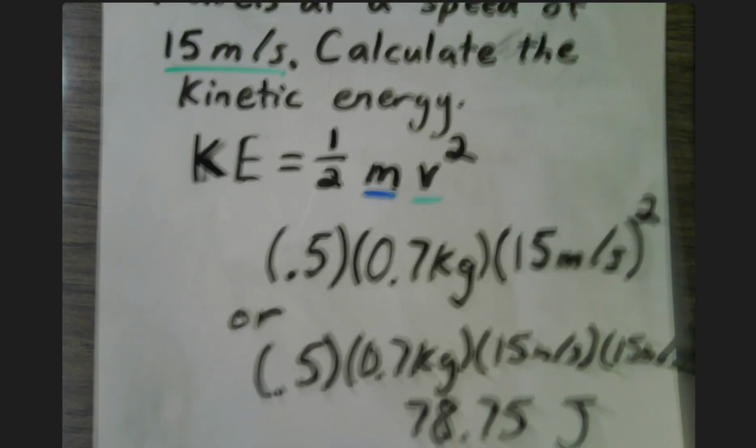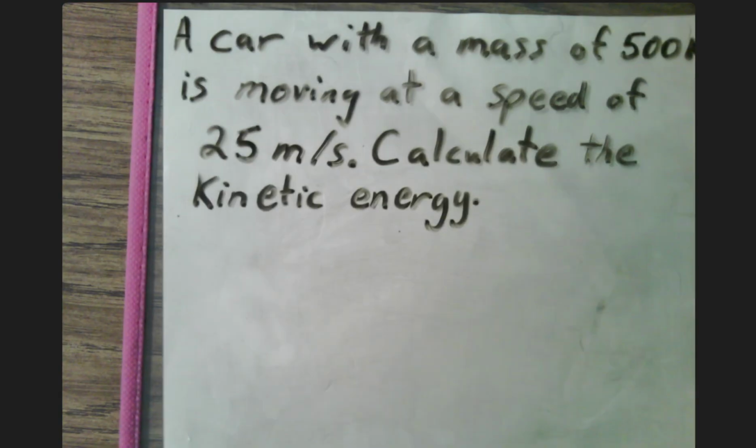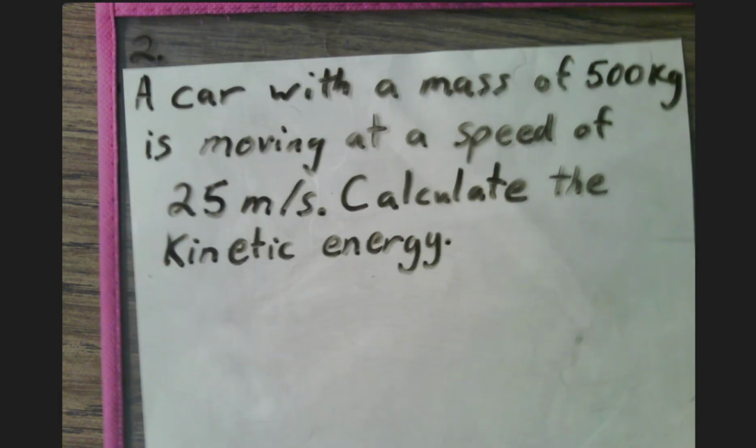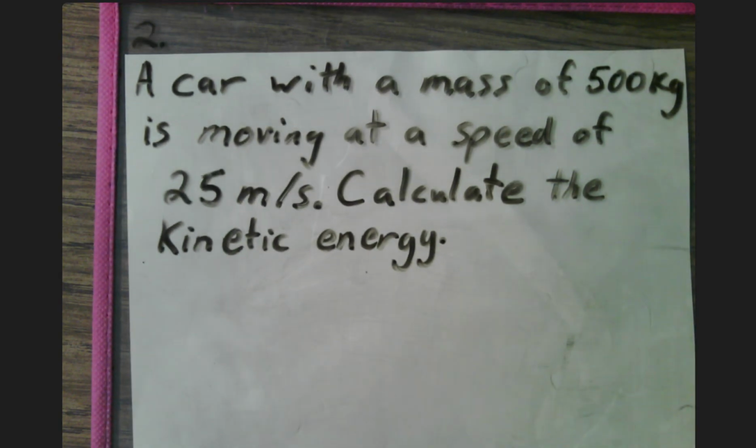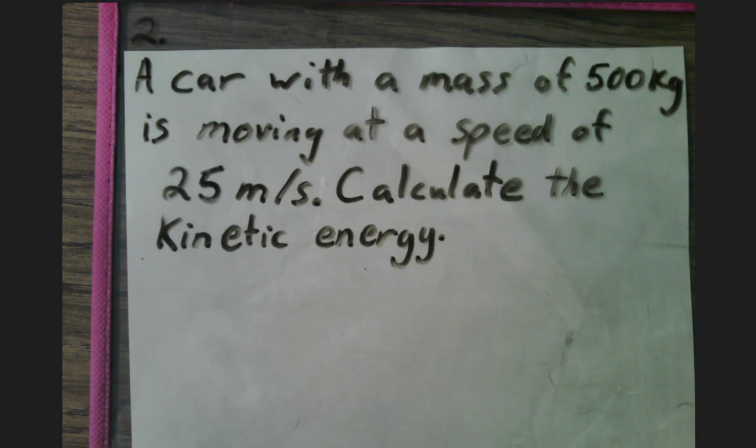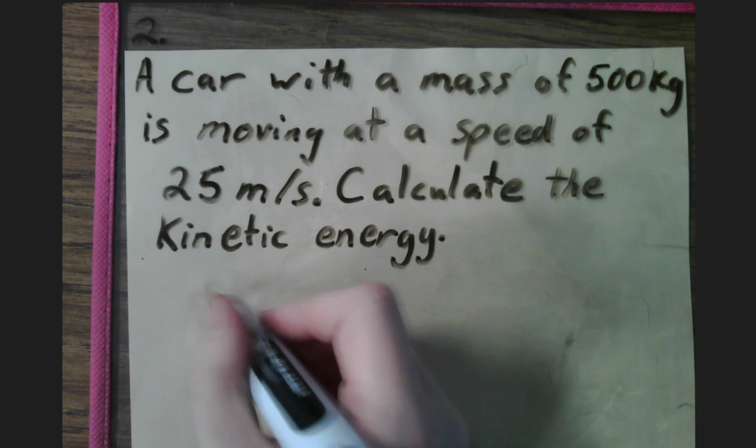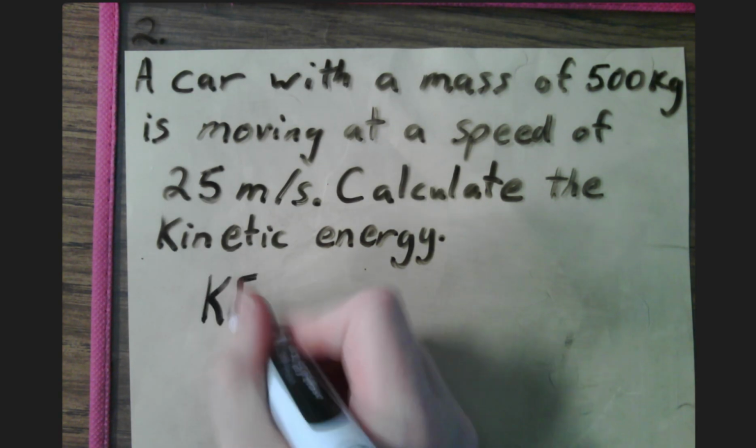Let's look at a second problem. Problem number 2. A car with a mass of 500 kilograms is moving at a speed of 25 meters per second. Calculate the kinetic energy. So to find kinetic energy, we're going to use our formula again.